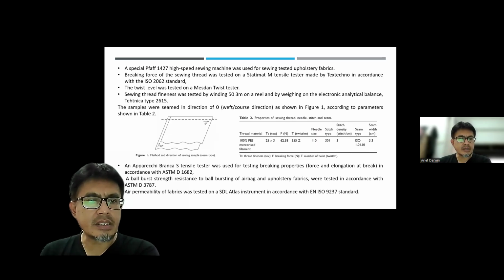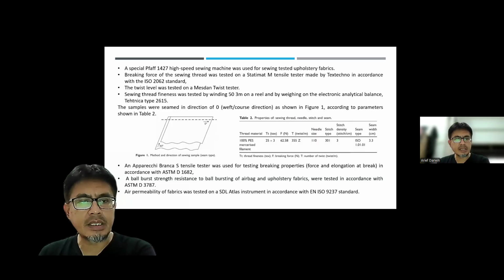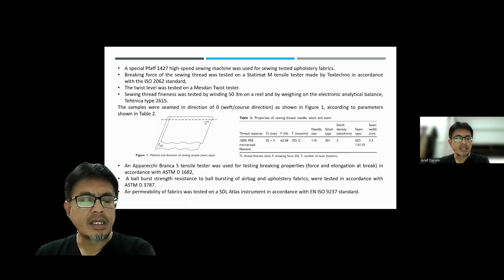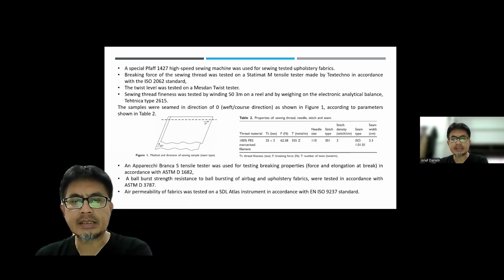And also the ball bursting strength resistance for airbag and upholstery fabric will be tested according to ASTM D3787. And then the air permeability of the fabric will be tested by the SDL Atlas instrument according to the EN ISO 9237 standard.